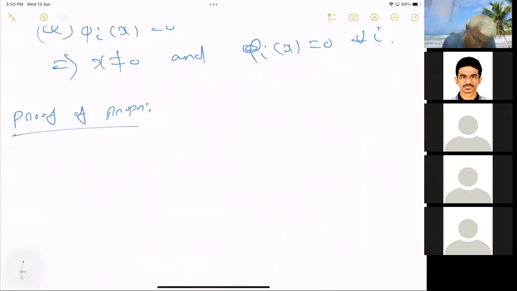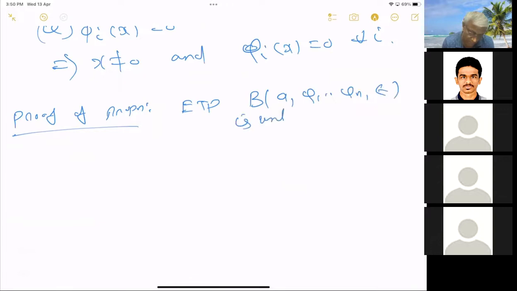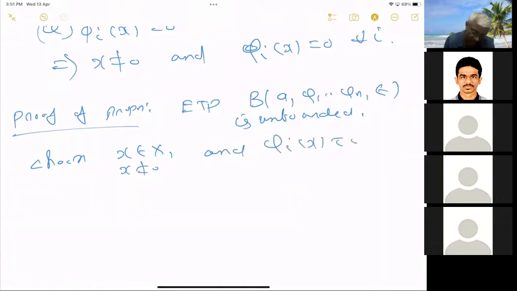So it's enough to prove that the neighborhood U = B(a; phi_1 up to phi_n; epsilon) is unbounded. But that is clear. Choose x in X, x not equal to 0, with phi_i(x) equal to 0 for all i.